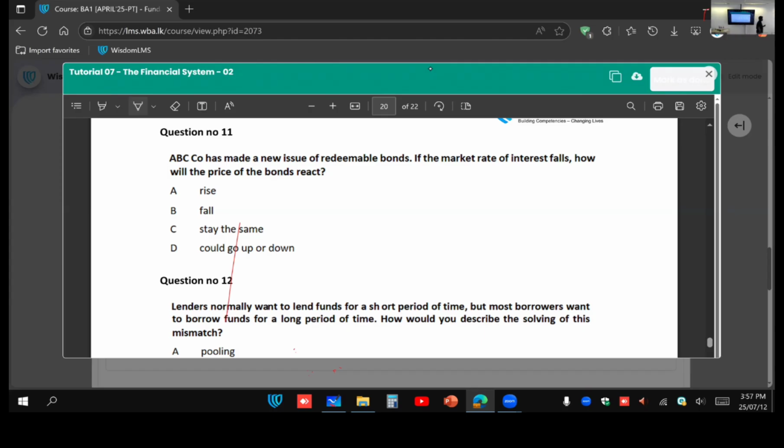Redeemable bonds, right? Bonds means debt market, you can tell. So bond market, that is debt, new issuance of redeemable bonds. If the market rate of interest falls, what will happen to the price of bonds? Put a star mark and write.